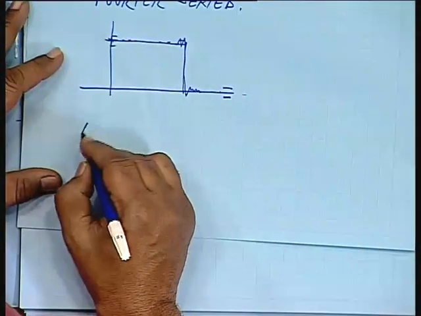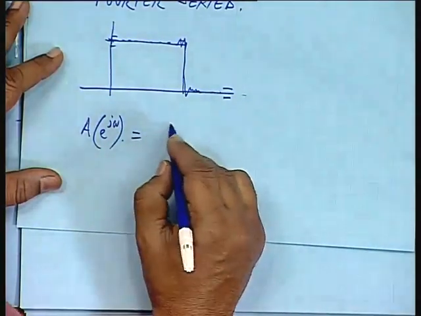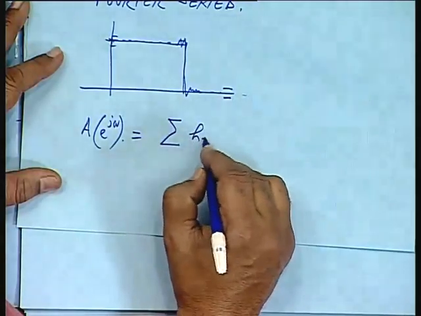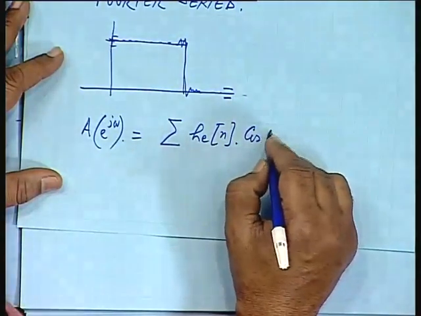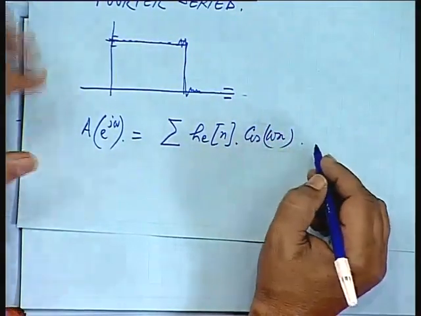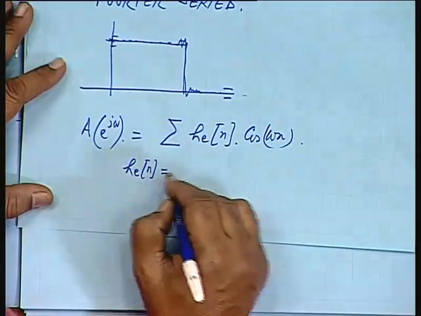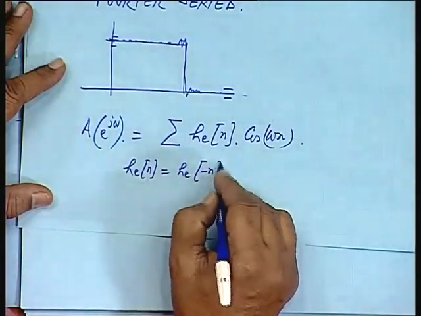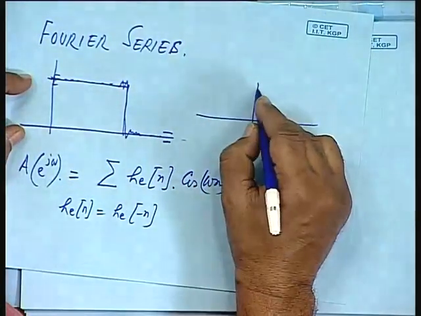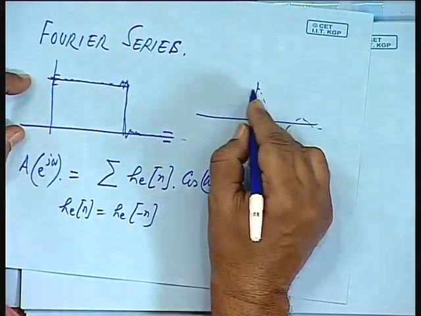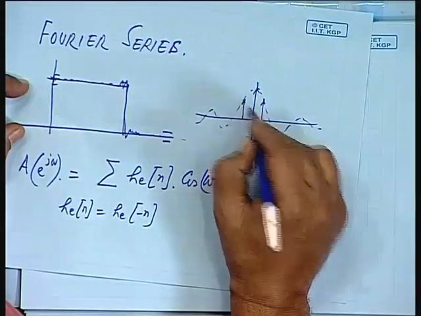We have, say, a function A e to the power j omega, the amplitude function, as h e n, an even polynomial in cosine omega n. h e n is h e minus n. It is like this. It is an even function.